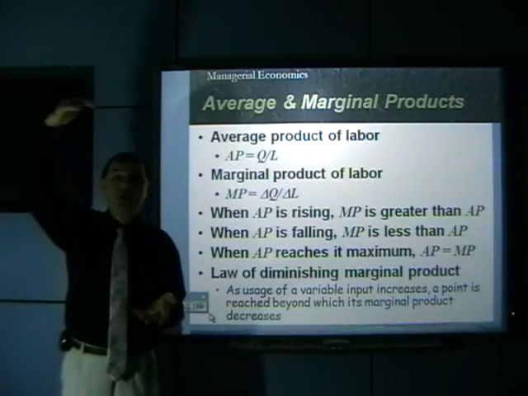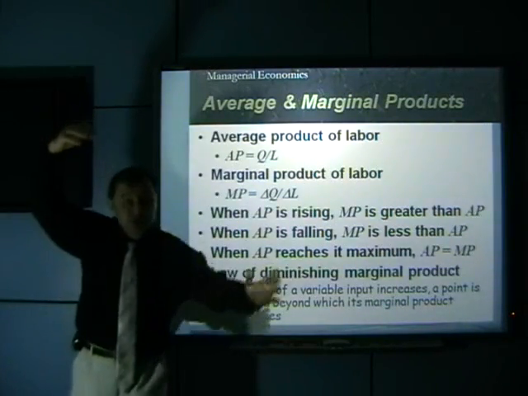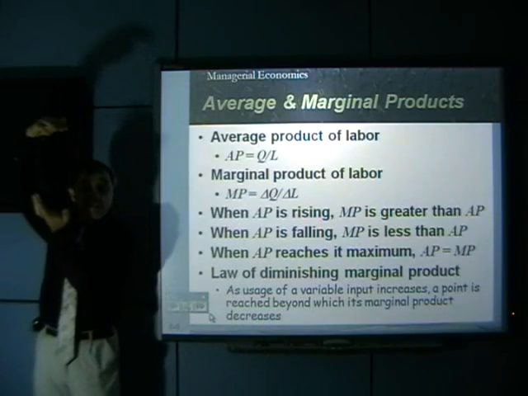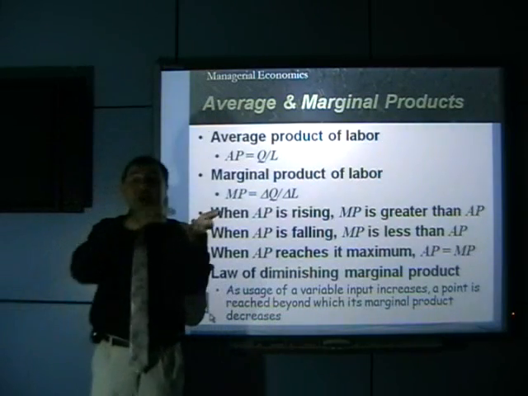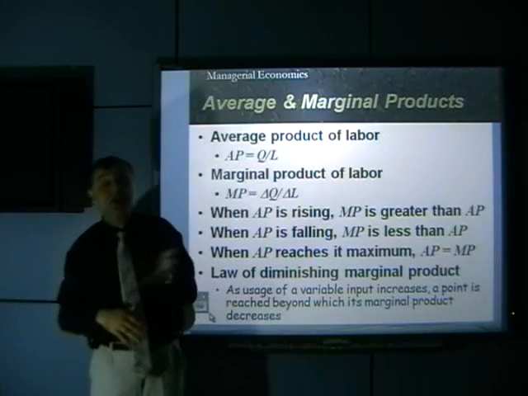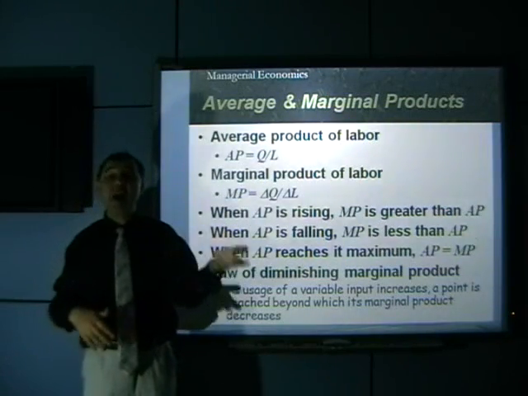So, when the marginal is higher than the average, the average will be moving upward. When the marginal is lower than the average, it will be moving the average downward.